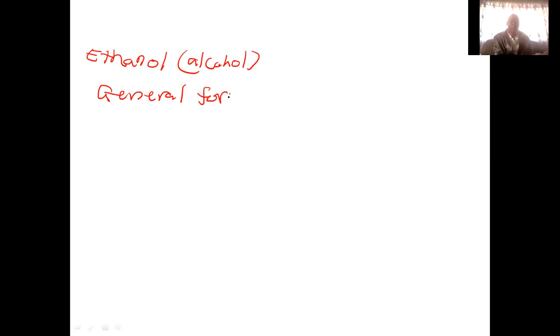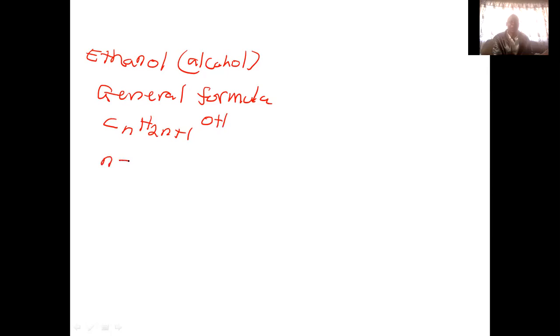for ethanol, which is actually alcohol. The general formula is actually CnH2n plus 1 and the hydroxyl group.